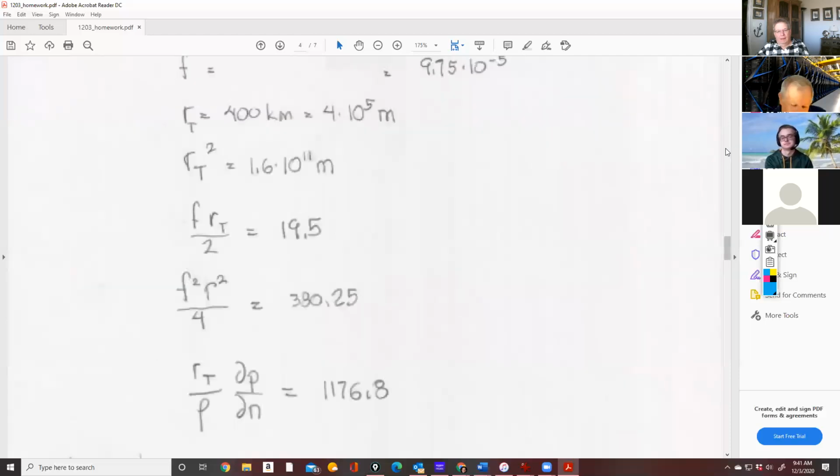Okay. Let's make RT bigger. I think if you doubled it, if you doubled the trajectory, you'd solve it.